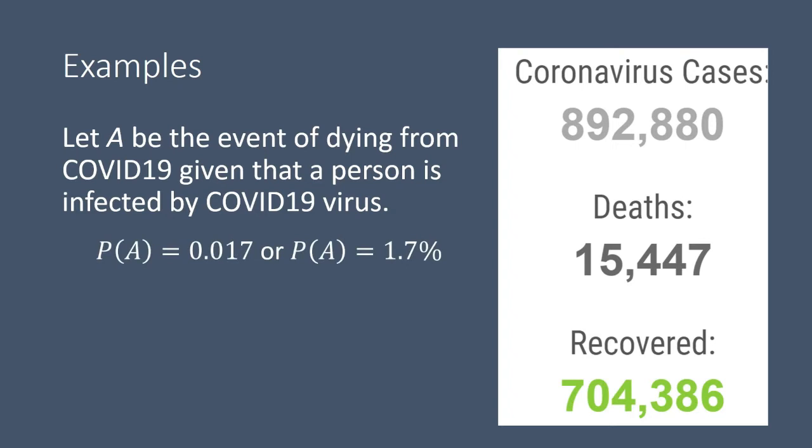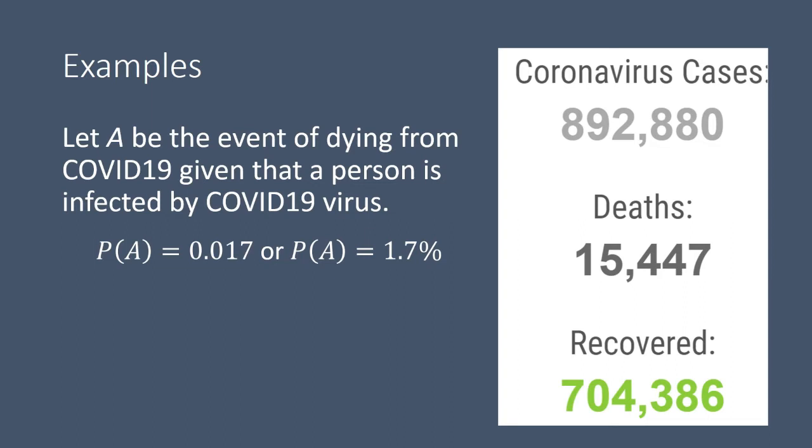A is the event that a person will die given that he or she has been infected by the COVID-19 virus. So what is P(A)? Well, it turns out it is equal to 0.017, rounded to the nearest thousandths digit.